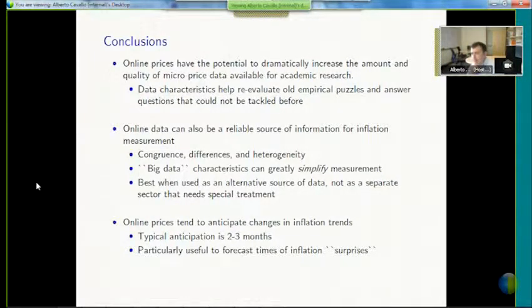I would like to conclude basically by saying that from the standpoint of economic analysis, big data is an important source to reevaluate all these questions we have had as academicians, and I also think it is an important, reliable source to measure inflation.